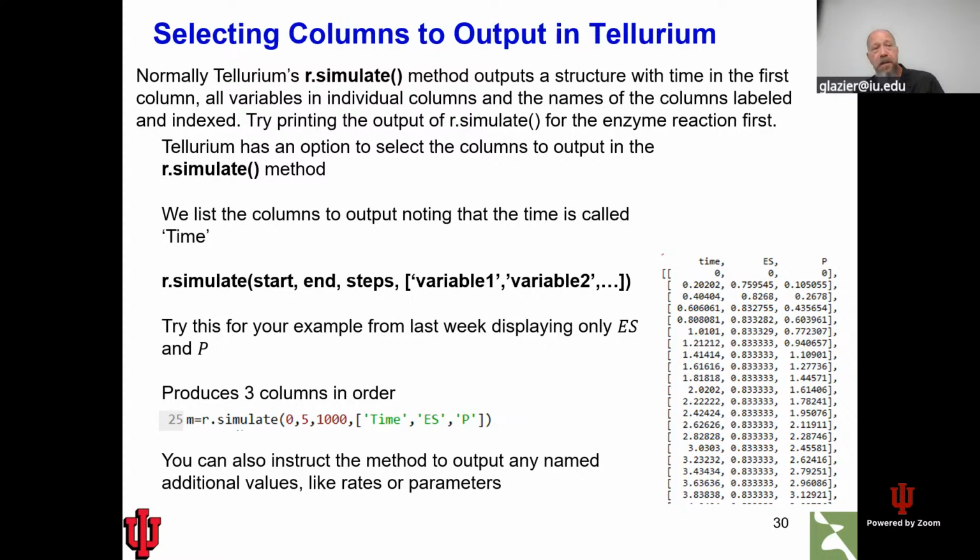That can be convenient if you have very complex models. Then you don't need to be digging through hundreds of different columns. You only put out the ones that you want. You have to remember that time is a special reserved word. It's quote time with a capital T.